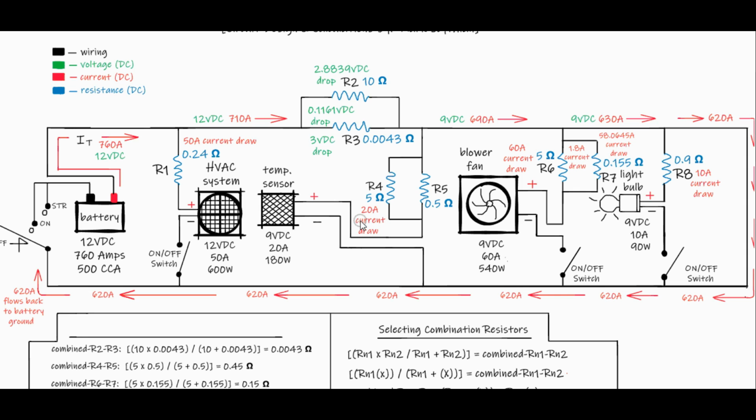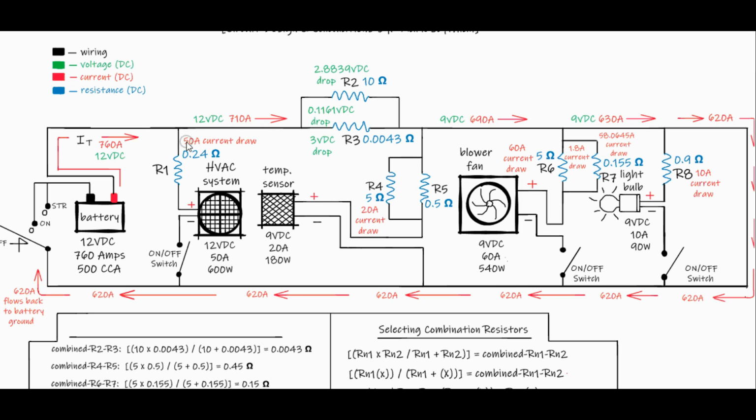A combined two-resistor total resistance for R4, R5 is calculated, again using the product sum rule, as 0.45 ohms. Therefore 9 volts divided by 0.45 ohms will draw 20 amps of current to the temperature sensor.